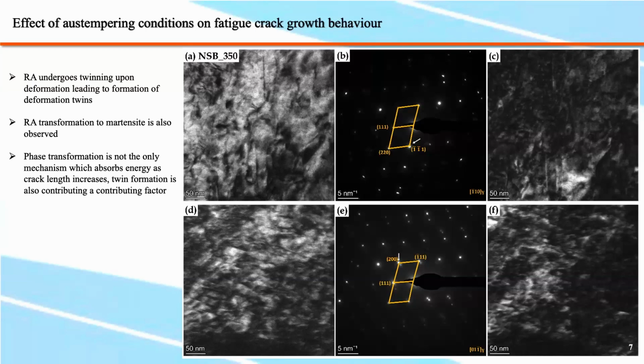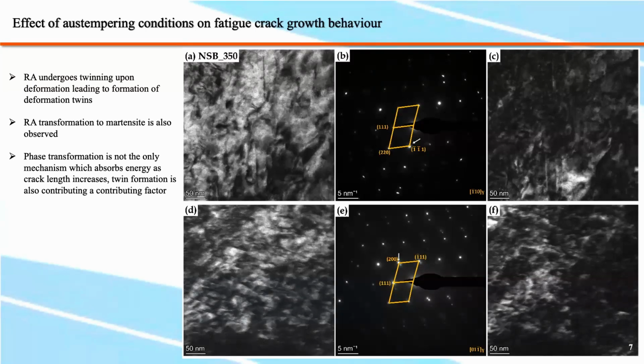But this is the prevalent theory, which does not take into account the formation of deformation twins, only the transformation of retained austenite to martensite. So there might be an additional factor in terms of these deformation twins, which are also absorbing the mechanical input energy, and as a result of that, resisting the crack growth.